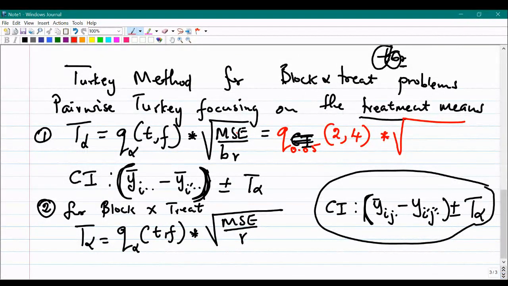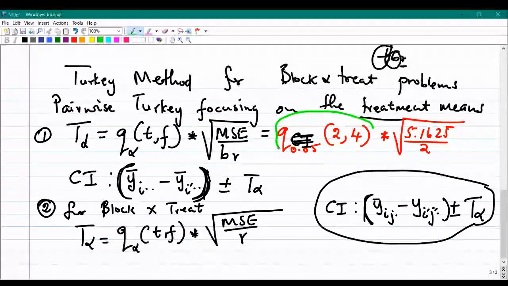So you can do the calculations here: 5.1625 divided by 2. What are you getting there, guys? Or what is the value from the table? I think we divide by 4. Why 4? R is 4 or is 2?